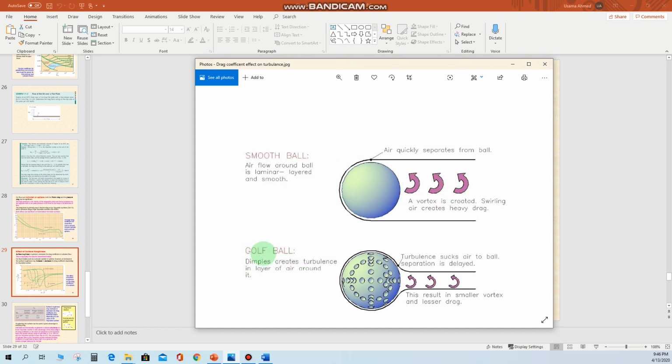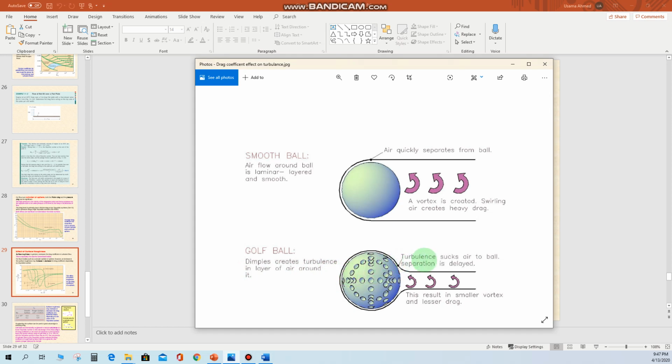Now let us consider an example for the golf ball. If you consider the structure of this golf ball, you will see small pits on it. Now what is the use of these holes or pits on this golf ball? When this ball is moving through the fluid, what would happen?